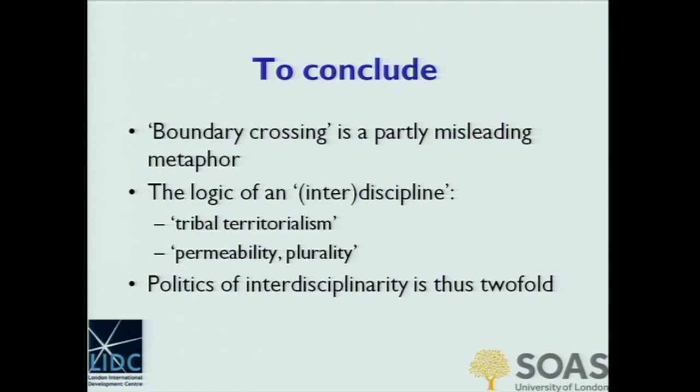We create new fields, and one of the wonderful examples is science and technology studies, which was a new field in the 1980s, which was very open, democratic, very dynamic. Then within 20 years it developed its own journals and its own chairs and its own groups, and is now behaving exactly like a discipline.